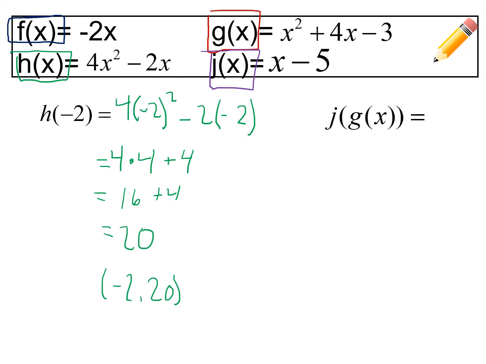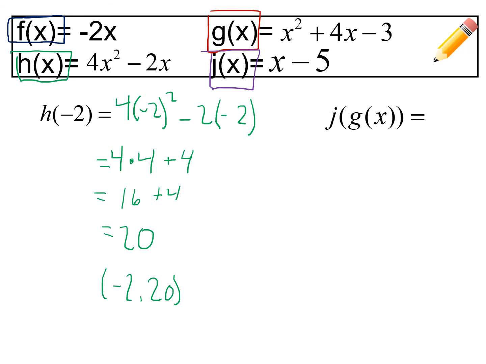Okay, now this next one looks kind of weird, okay? But all I'm doing, instead of inputting a value into my function j, I'm just putting another function into my function j. So wherever I see an x in j, I'm going to replace that x with the function rule for g. So I've got j of x, which is x minus 5. Well, instead of writing that x, I'm just going to write down what g is for x.